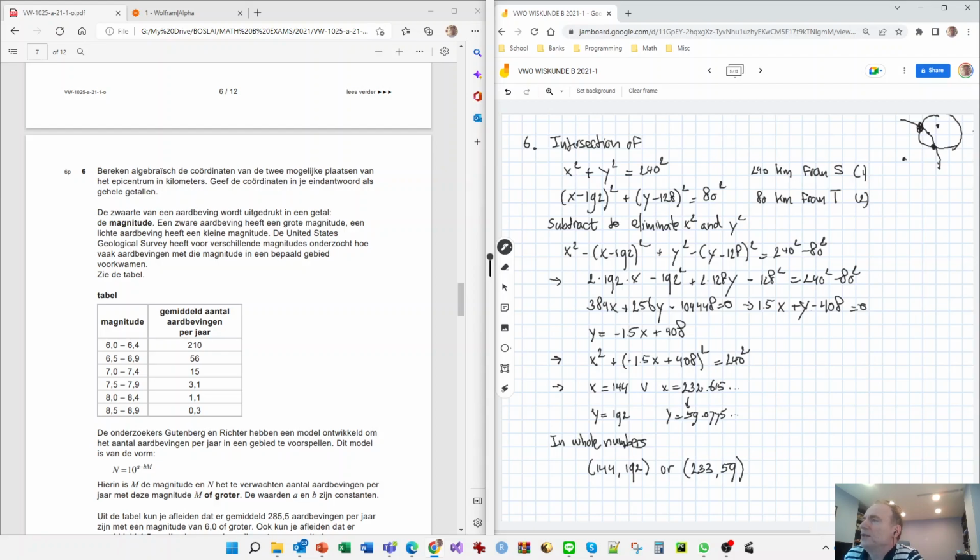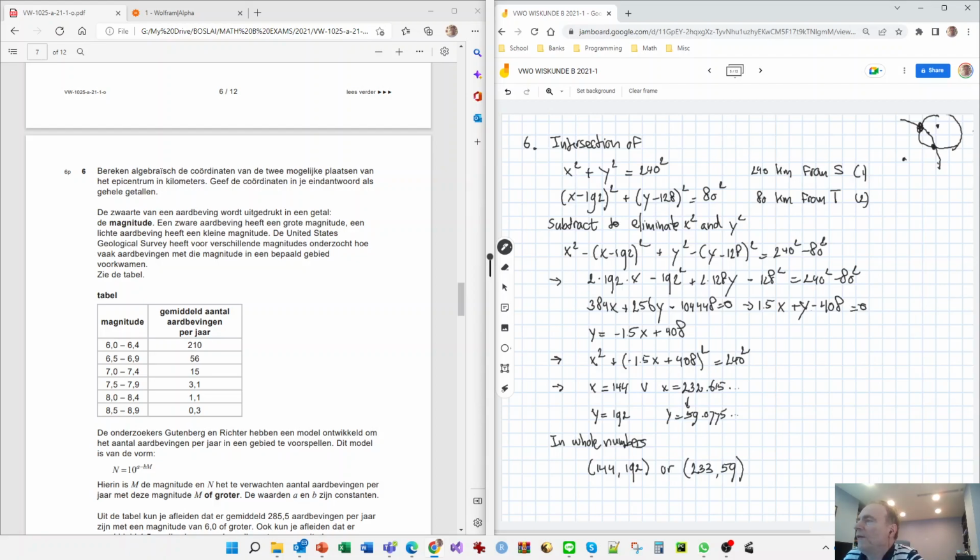So subtracting these, let's just do the first term, you get x squared here, then minus an x squared, so they drop, and then this term gives minus 2 times 192 times x, but with an additional minus sign here, so you get 2 times 192 times x, etc. You get also 2 constant terms here, and on the right hand side too, if you subtract them.